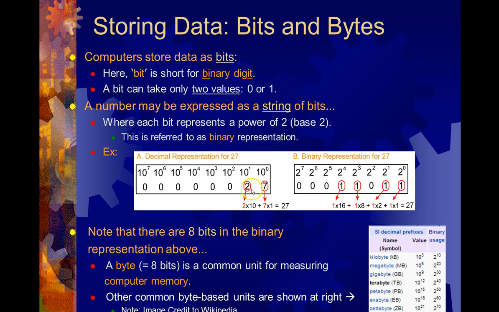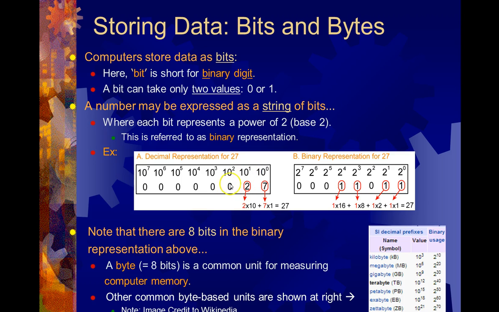So I write 2 and 7 here, and I say the 7 is in the 1's place, and 10 to the 0 is what? Is 1. So I can write 1 as 10 to the 0. So the 7 is in the 1's place, and the 2 is in the 10's place. 10 to the first is 10.